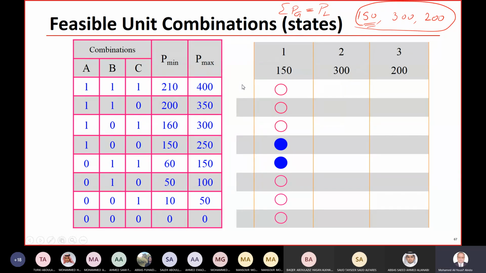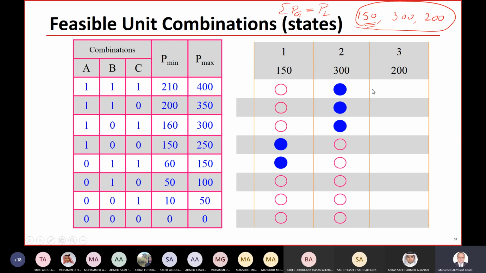For 300, this one feasible, and this one feasible also, and this feasible. Feasible, this one. No, not feasible. All the remaining are unfeasible solutions, and the maximum is below the load. So in this period, we have 3 combinations feasible and the remaining are unfeasible.